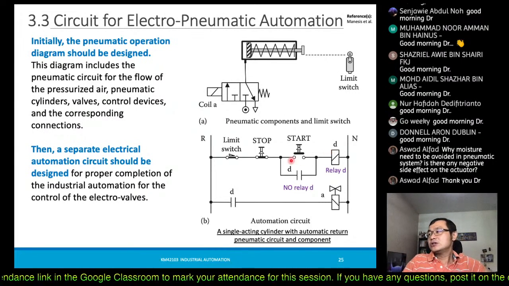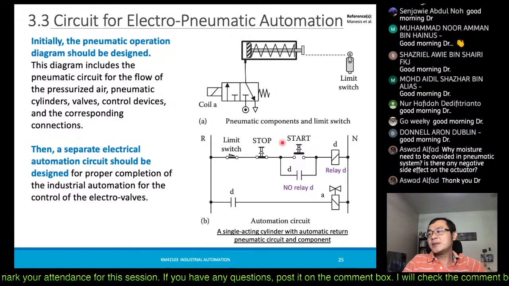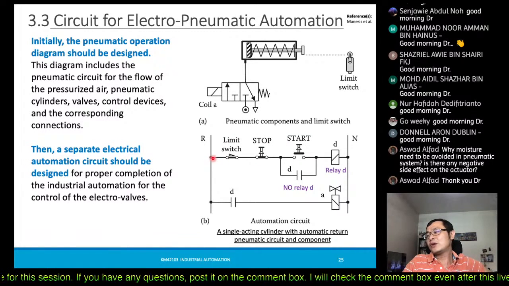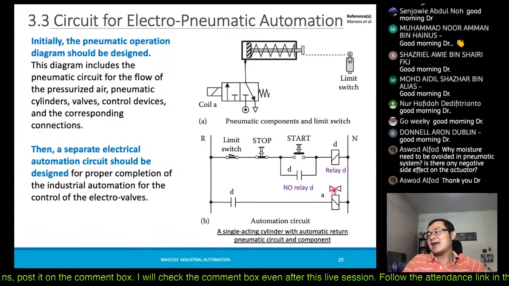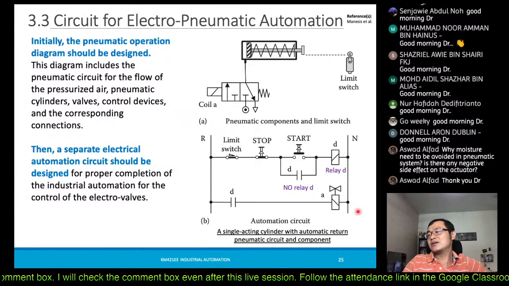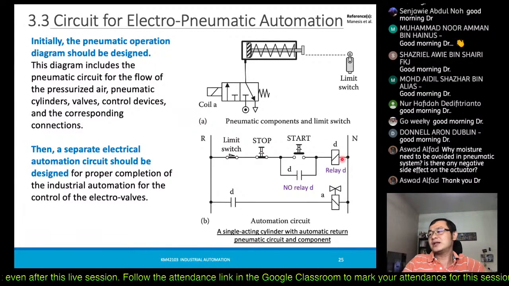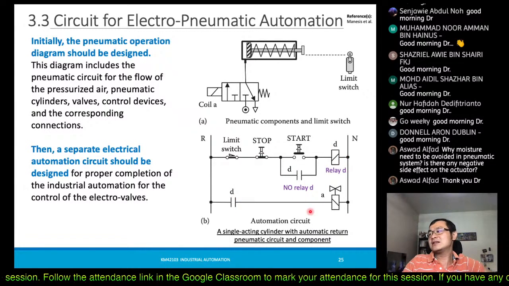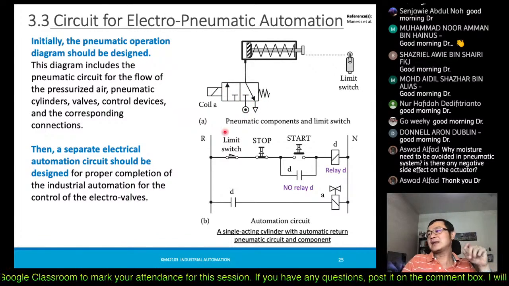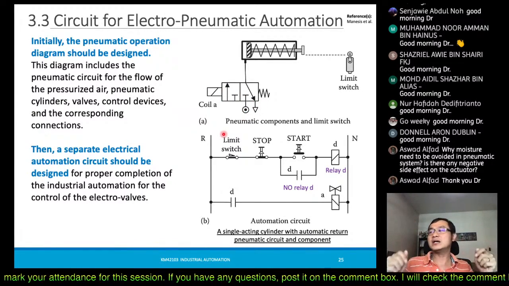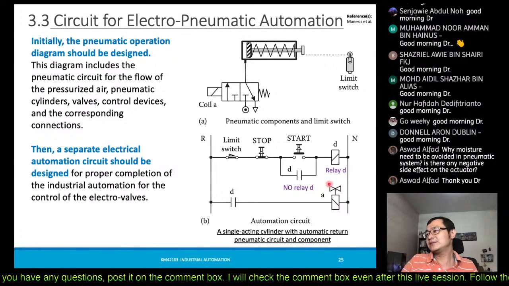In this automation circuit, there is one set of lines and another set of lines. This one would be the control of the relay and this one would be the control of the valve. Both must be connected to the power, that's why they are connected to these two lines.